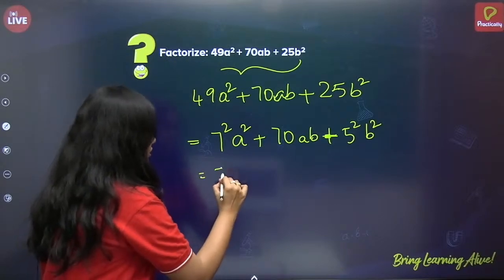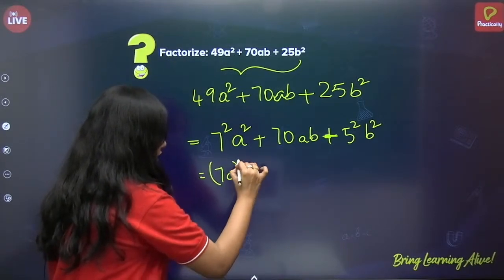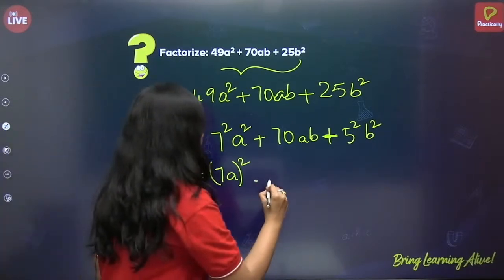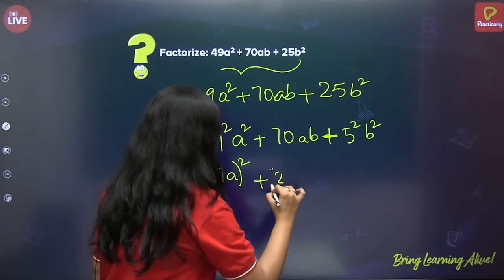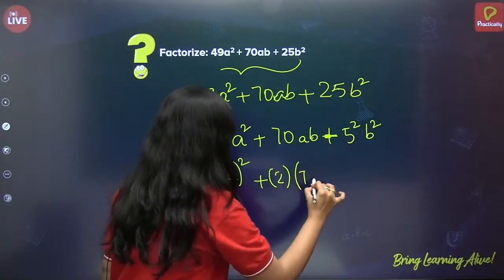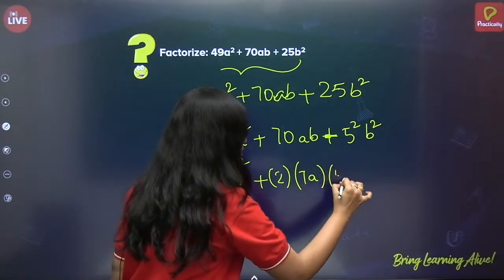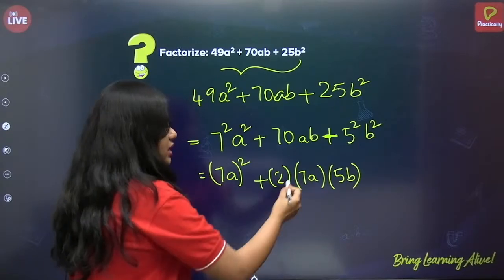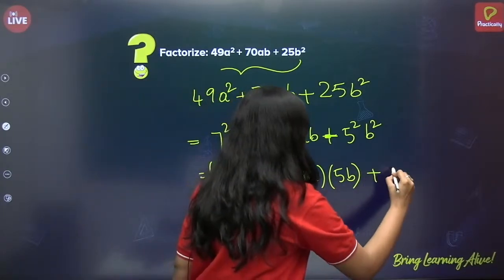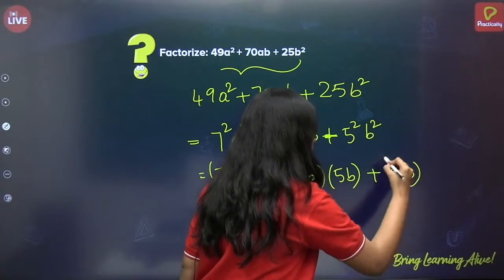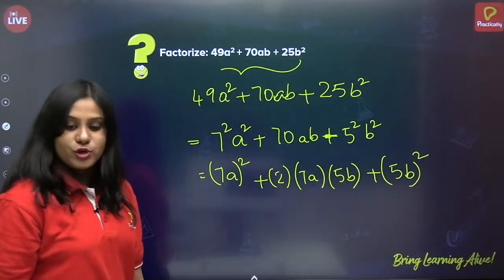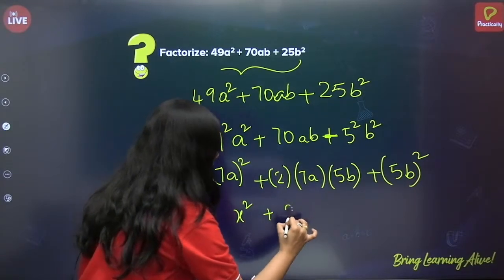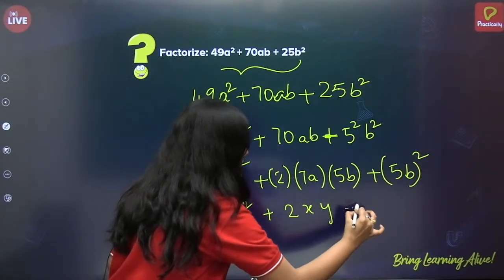Now 7 square into a square is (7a) whole square, of course, right? Plus, can I write this middle term as 2 into 7a into 5b? Yes, 5 twos are 10, 10 sevens are 70, so 70ab, plus (5b) whole square. Now if you observe, is that in the form x square plus 2xy plus y square?